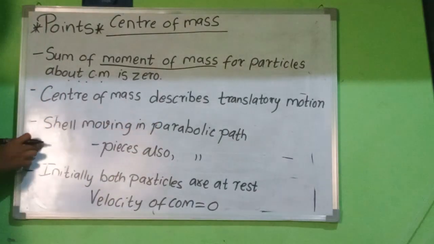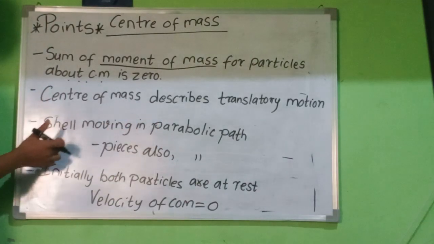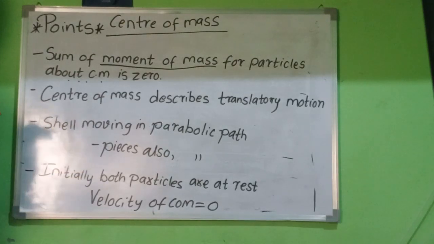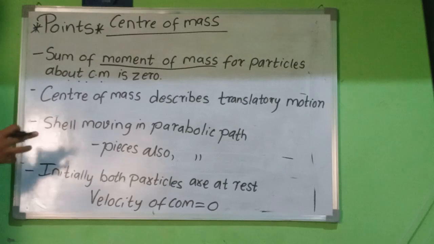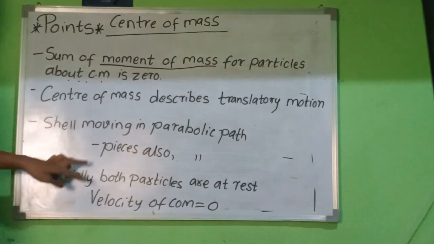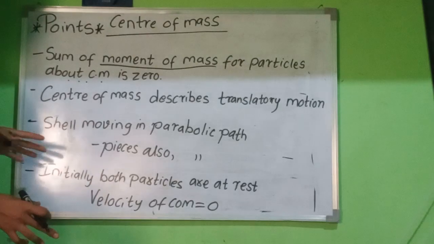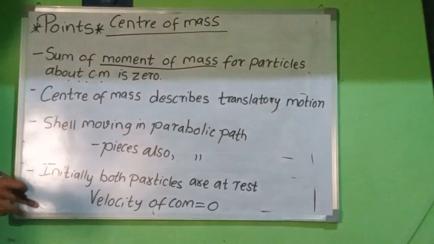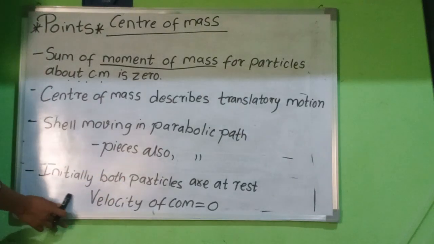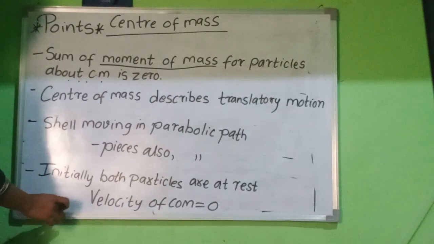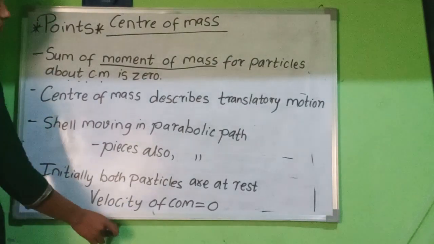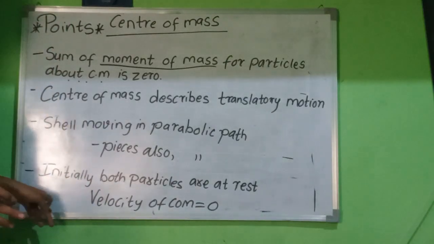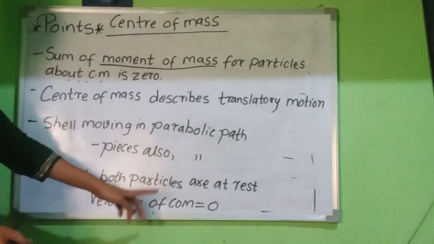And here is one important point: if a shell is moving in a parabolic path, flying, and it breaks into a number of pieces, the pieces also follow the parabolic path. If initially both particles are at rest, the velocity of the center of mass is zero.